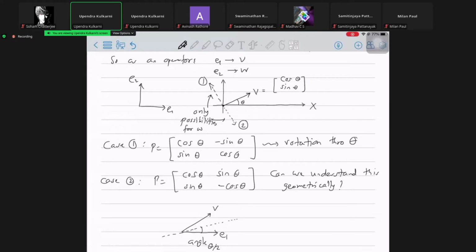Yeah, because all the parallelograms will reflect. Is it clear that this is an orthogonal operator? Yes, because all lengths and angles are preserved by this. So this is a valid candidate. And certainly it matches on E1. What does it do on E2?